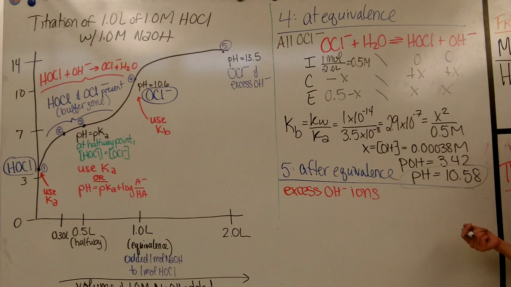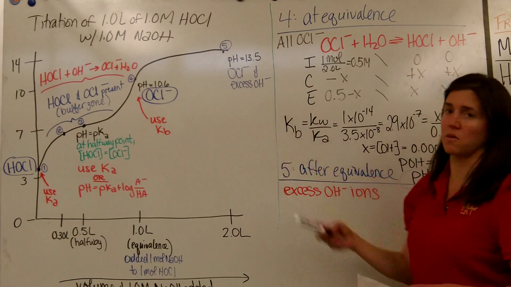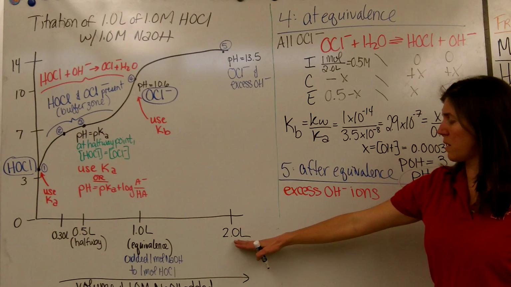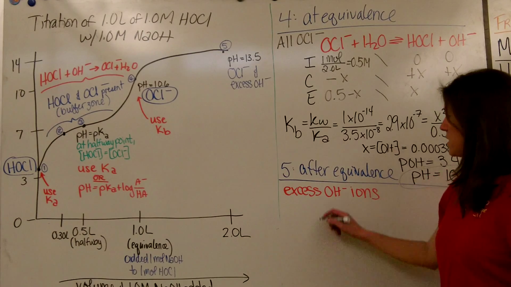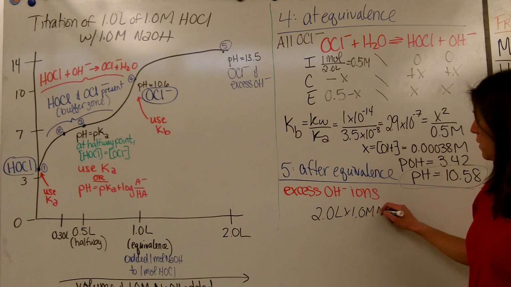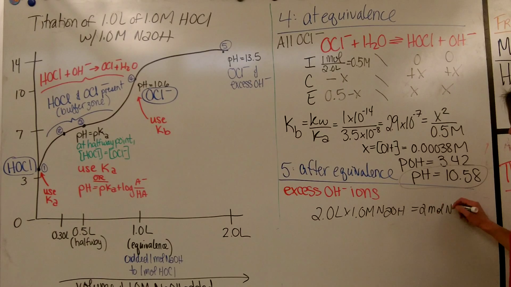If you want to figure out the pH after equivalence, you can say, well, how much hydroxide do I have around? So after equivalence, you've got the weak base present, and you're going to have some excess hydroxide. So in this case, if I want to try and find the pH at this point right here, when I've added 2 liters of 1 molar sodium hydroxide, I can say, well, 2 liters of 1 molar NaOH means I added 2 moles of NaOH.